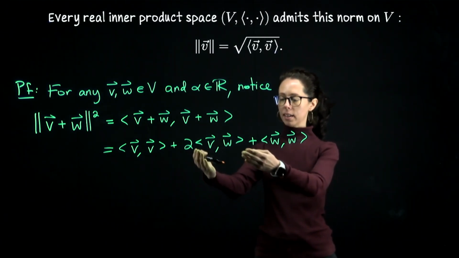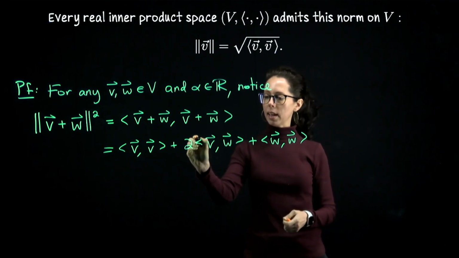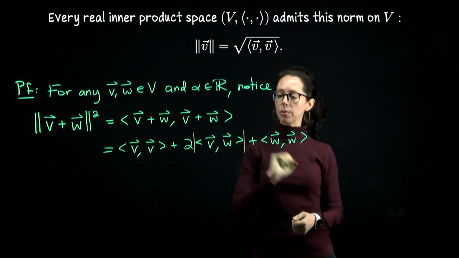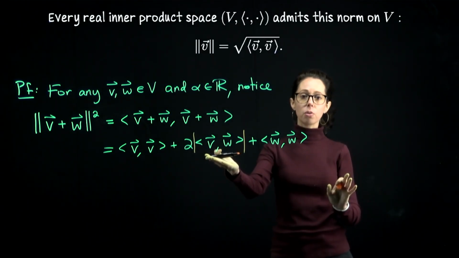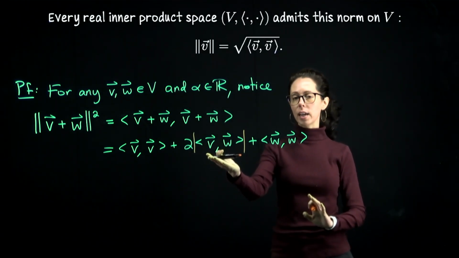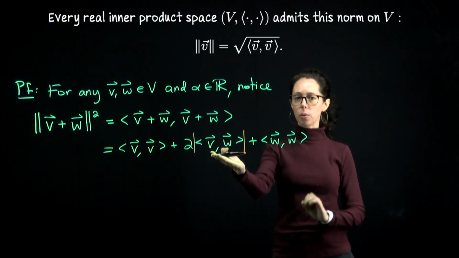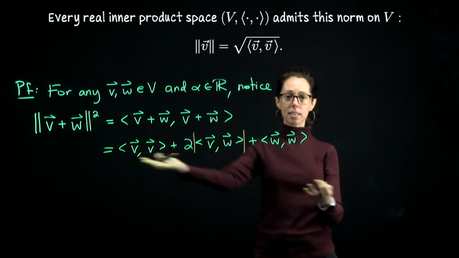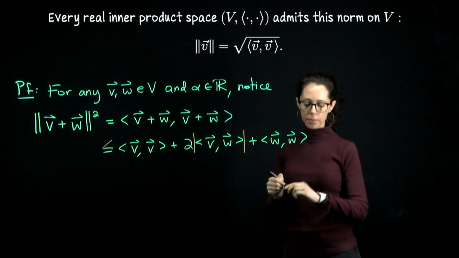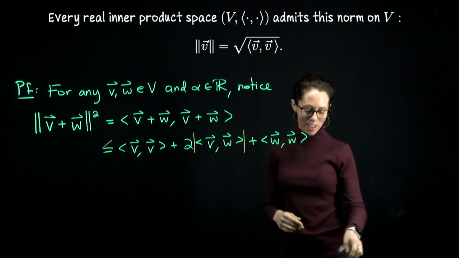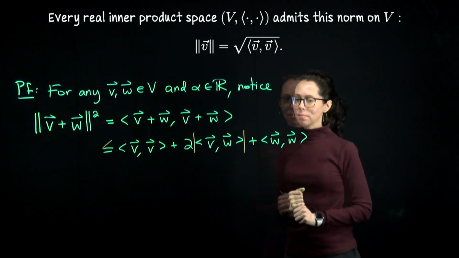If I take this inner product here and enclose it in absolute values, then if it were already positive, I've made no change. If it were 0, I've made no change. If this inner product originally was negative, I have increased the size of our sum here, so we will go up in size. Okay, so this could have been a second line and a third line, but I'm just going to put that all together.